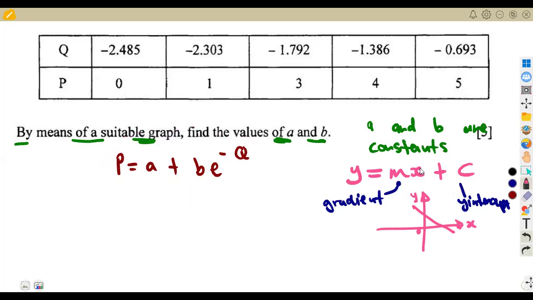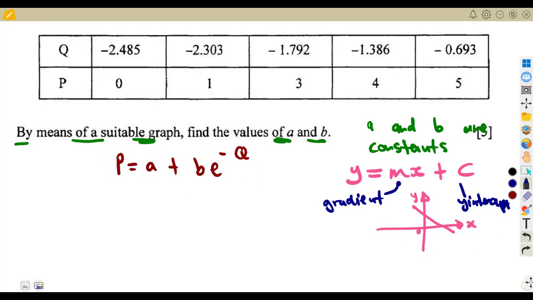So if we check properly, P and Q are the variables that we are referring to. If this e is raised to the exponent of Q, it becomes part of the variable. Remember, we cannot determine the value of x or the value of y; these are variables.